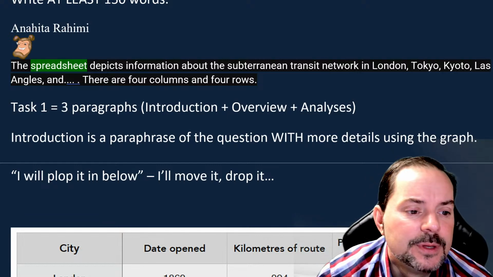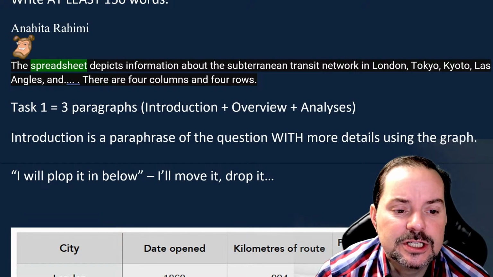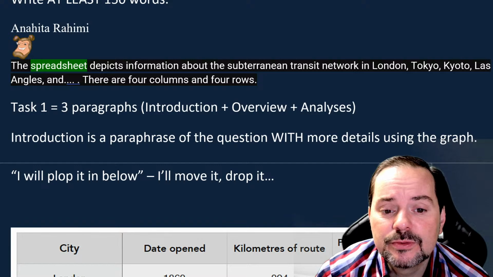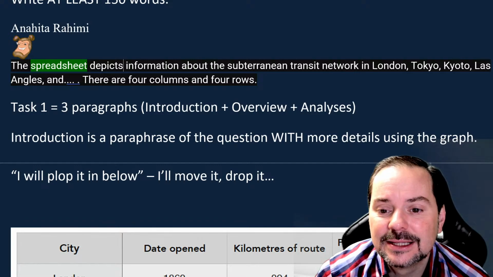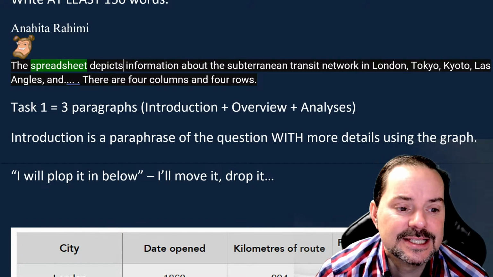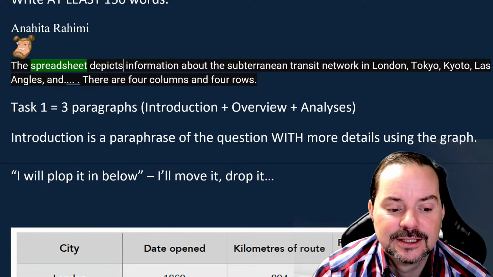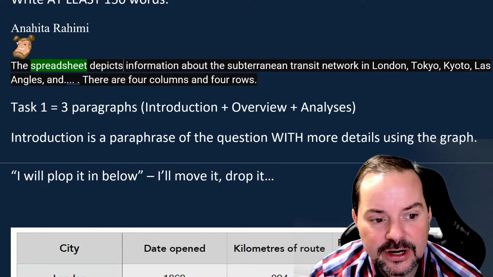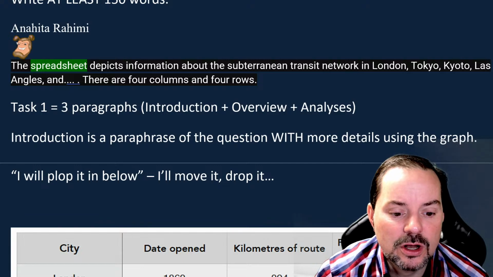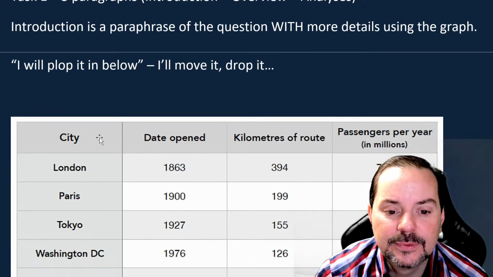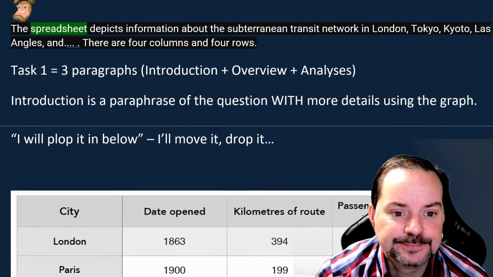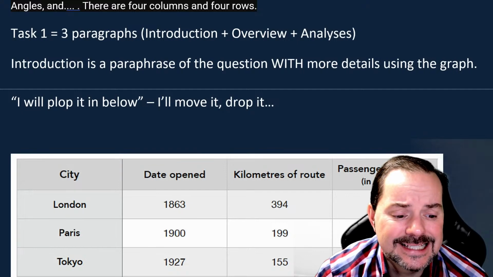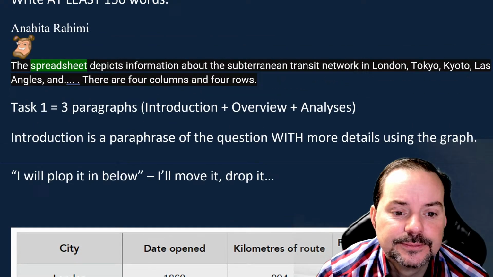That's weird. The spreadsheet depicts information about the subterranean transit network in London, Tokyo, Kyoto, Los Angeles, Washington, D.C., and Paris. There are 4 columns and 4 rows. There are 4 columns for sure. There are 7 rows. Okay.